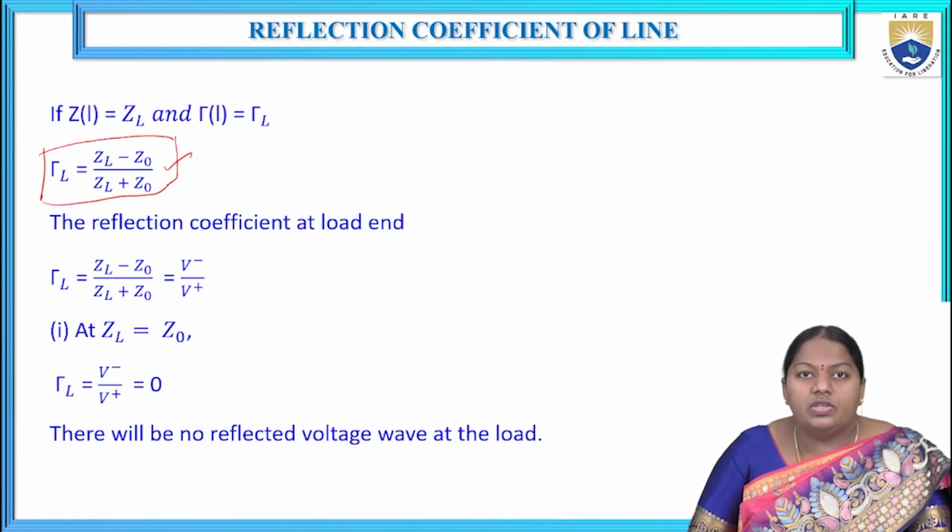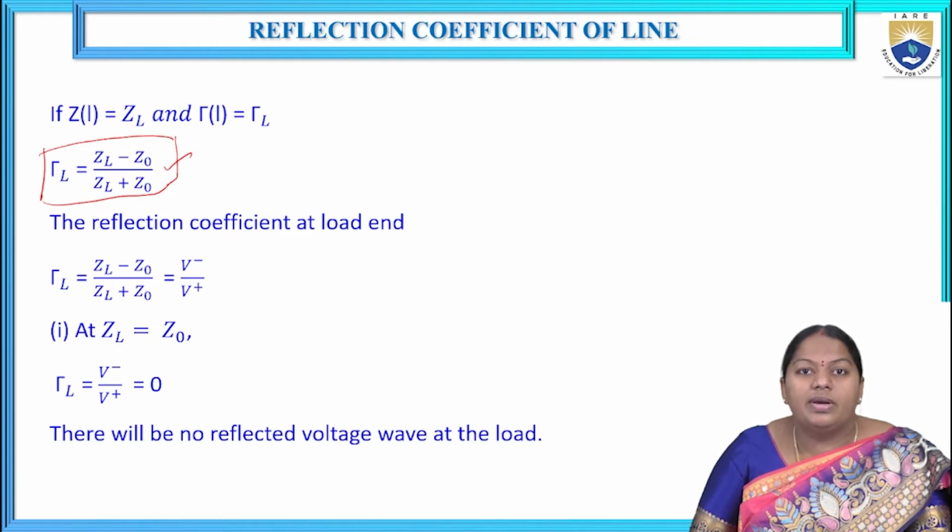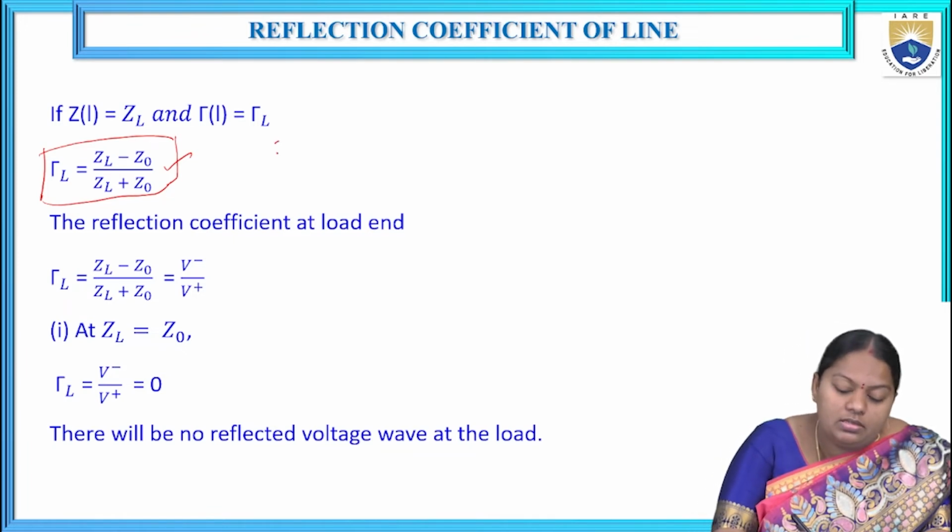So the reflection coefficient of a transmission line with a load originated coordinate system is given by gamma L equal to (ZL minus Z naught) by (ZL plus Z naught), where ZL is the load impedance and Z naught is the characteristic impedance.